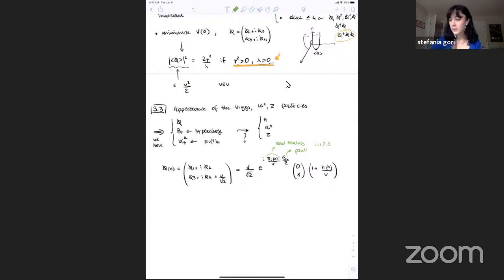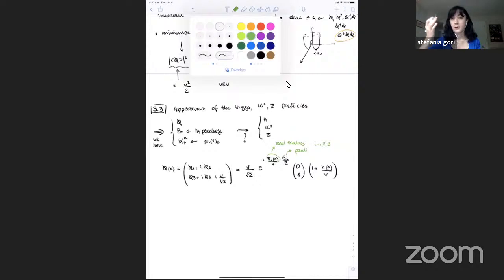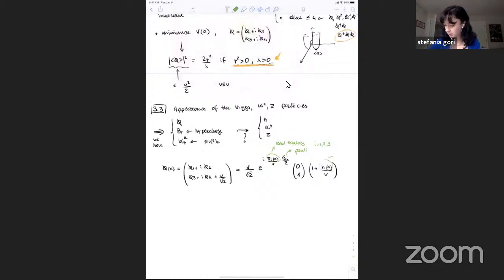And then I know that my complex SU2 doublet scalar field has 4 degrees of freedom. Here I put 3, and then I have here one more, and this is another real scalar. So that's just a different way to write down my SU2 doublet scalar field.